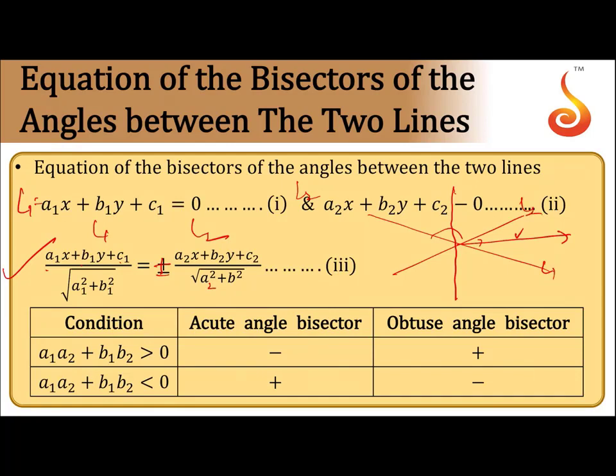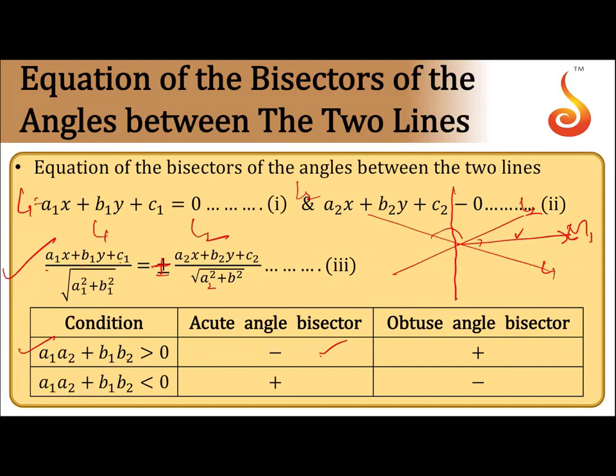The acute angle bisector between L1 and L2, let us say M1, is obtained with reference to this condition: if A1 A2 plus B1 B2 is greater than 0, then take the minus sign here and evaluate, and you will get the acute angle bisector. Otherwise, we get the obtuse angle bisector.